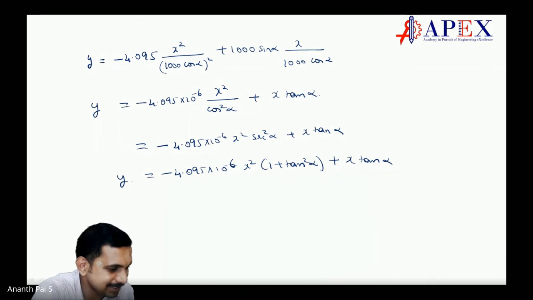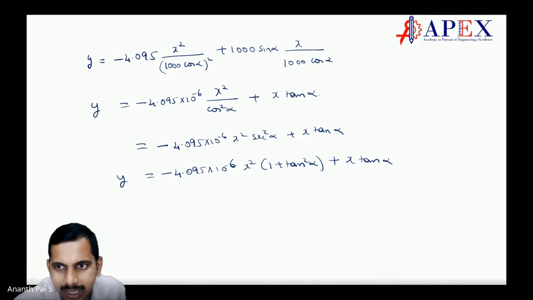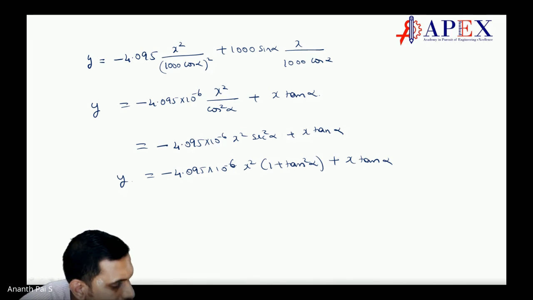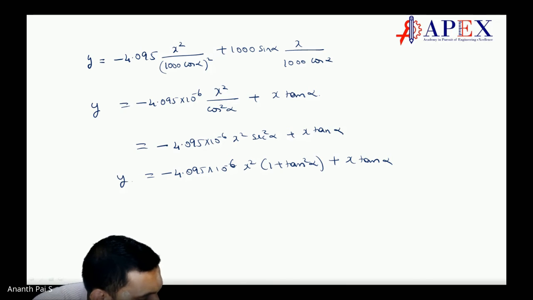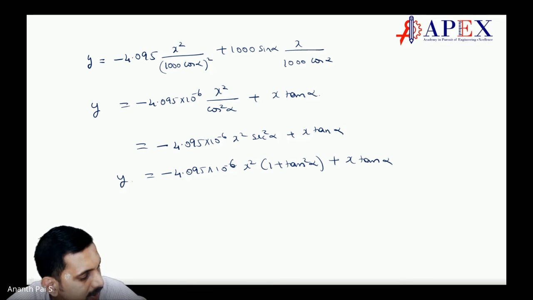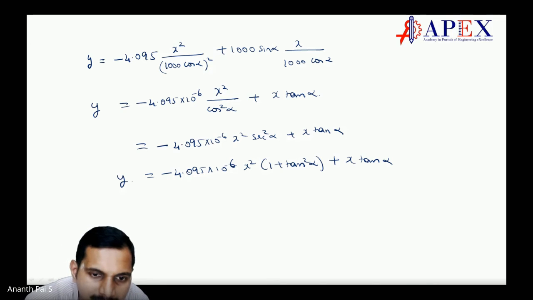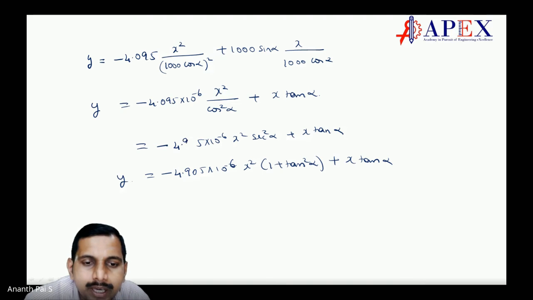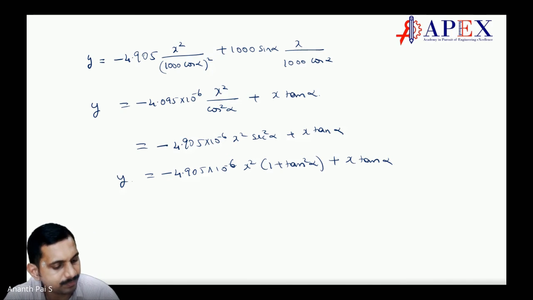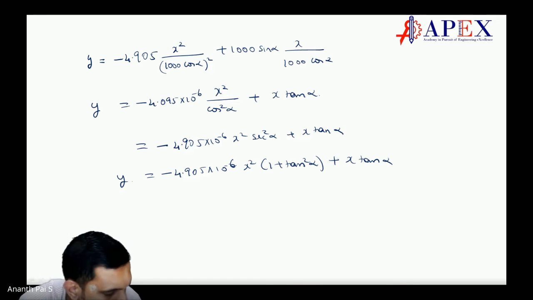Correct, mistake. 9.81 by 2 is 4.905. These people also have done the mistake, so I have taken it. Very sorry. Same problem with James also, okay? James also has done a mistake here. It is 4.905, not 4.095. Okay. Solve it, students.